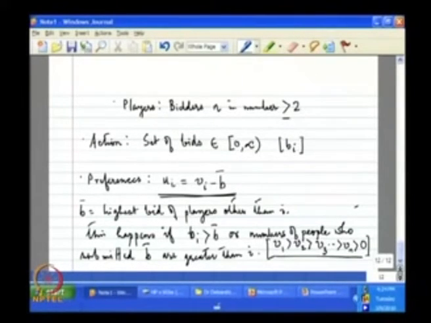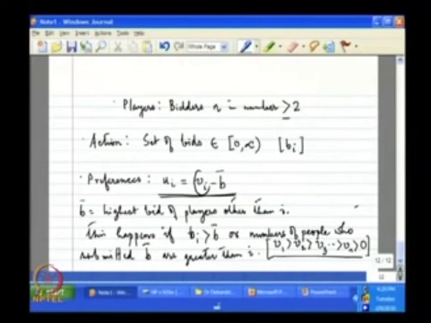One is when his bid is the single highest bid, then he will get the object obviously, and the price that he pays is the bid of the person who has bid the highest bid among the set of other players.